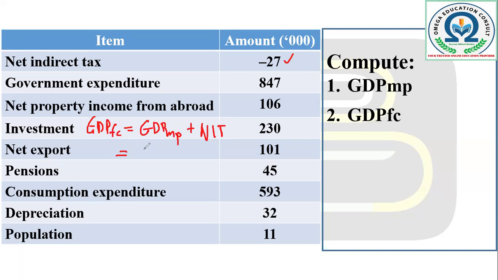So our GDP MP that we got was 1,771,000. Okay, so plus the negative 27,000.